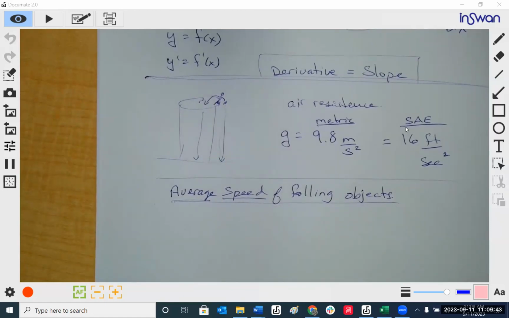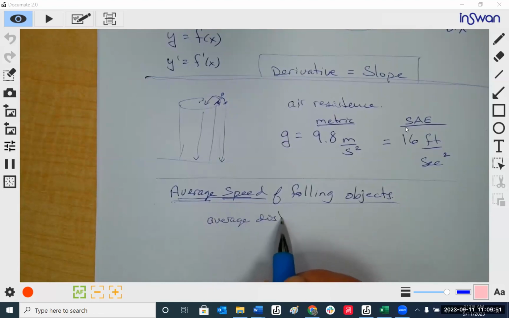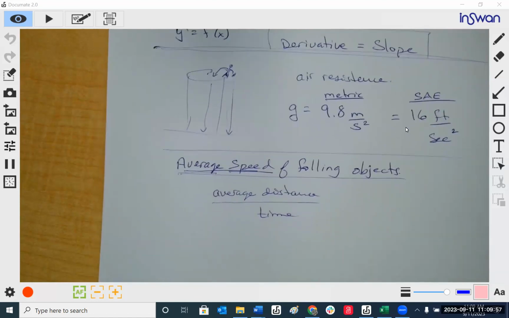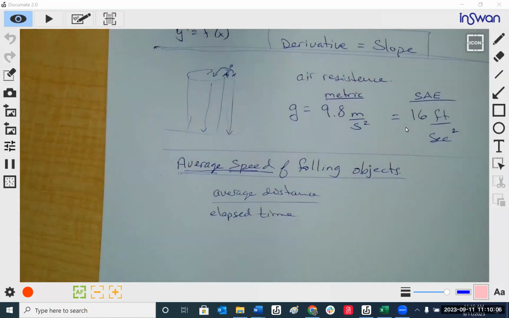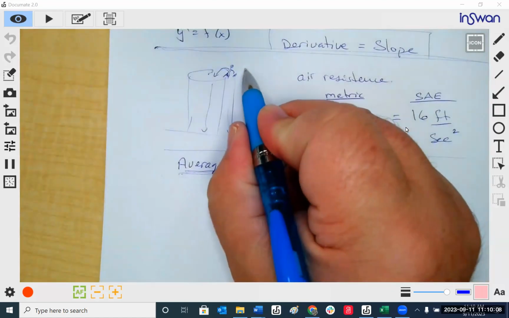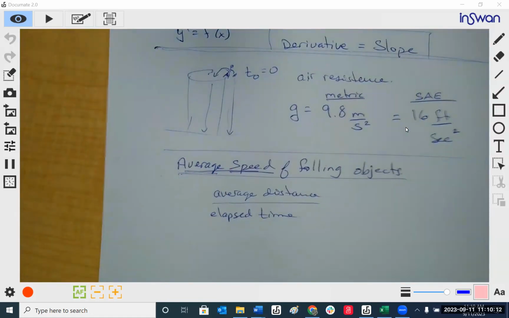Right. So now we're looking at the average distance over time, or elapsed time. Because what you're looking at here is when you first hold it, t sub 0 is 0.